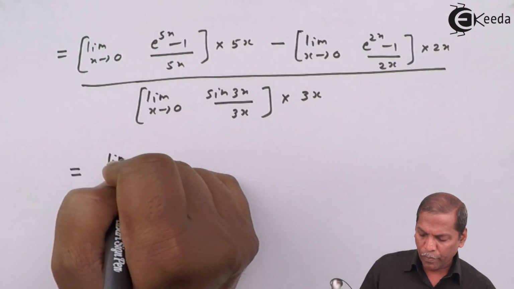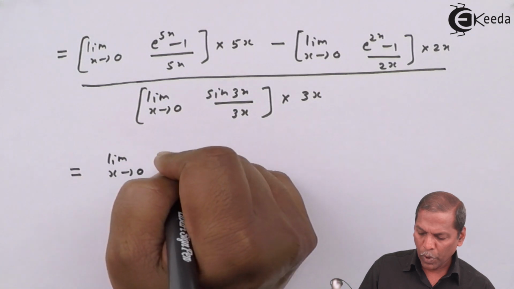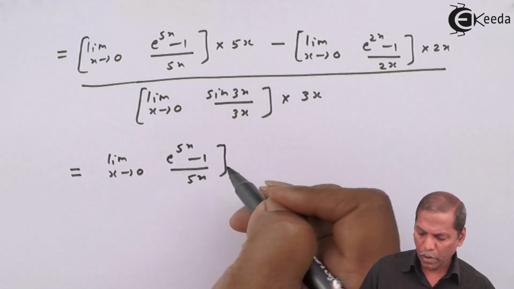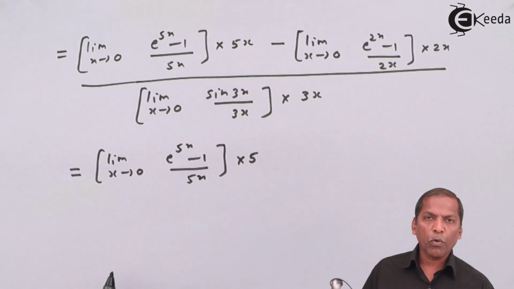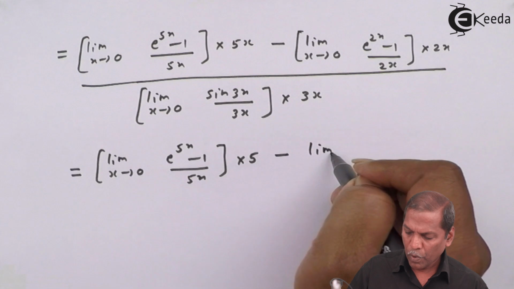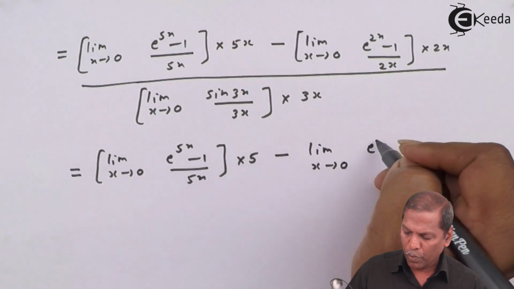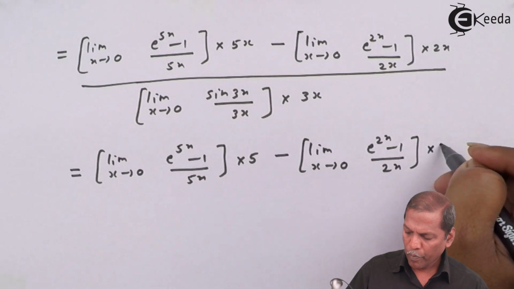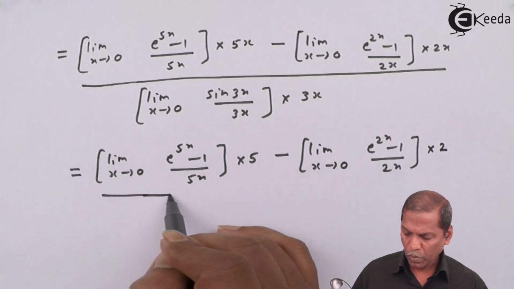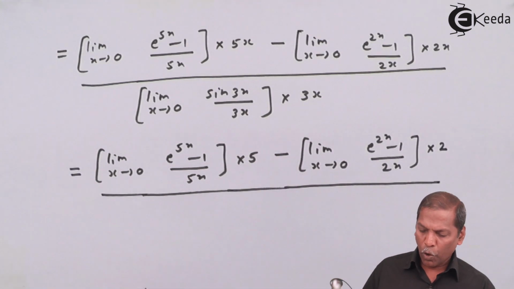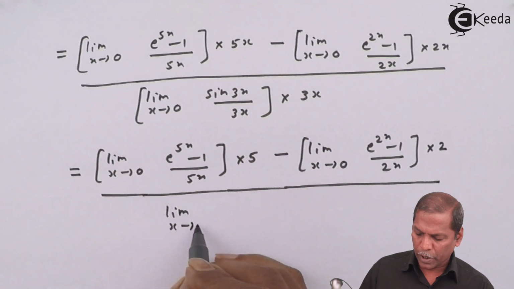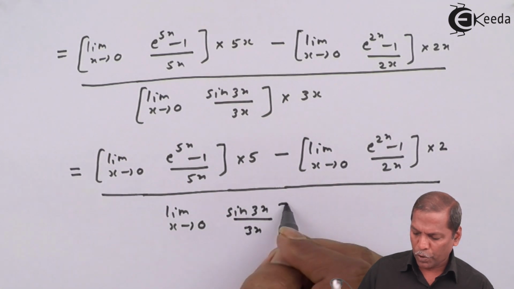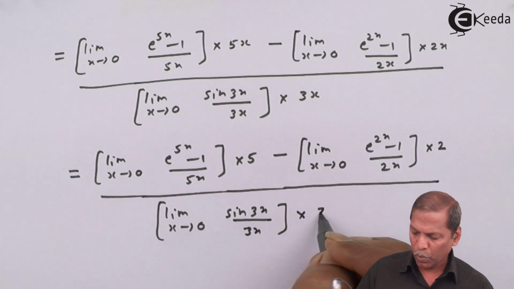So the next step will be limit x tends to 0 of (e^5x minus 1) upon 5x into 5, minus limit x tends to 0 of (e^2x minus 1) upon 2x into 2, and the whole thing divided by limit x tends to 0 of sin 3x upon 3x into 3.